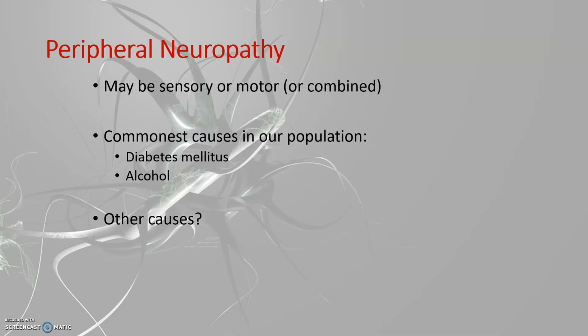Okay, so this is an example of peripheral neuropathy, which is a condition that affects peripheral nerves and tends to affect them from more distal to proximal. Peripheral neuropathies may be sensory or motor combined. I will come to that. And in our population, probably the commonest causes are diabetes and alcohol.